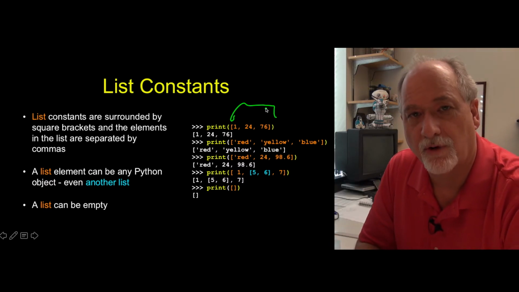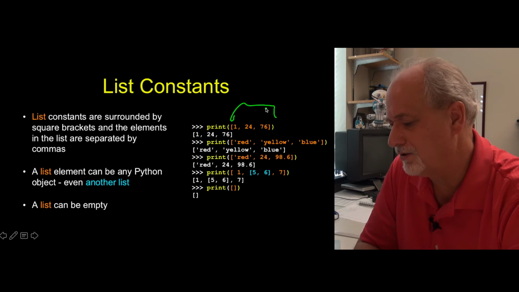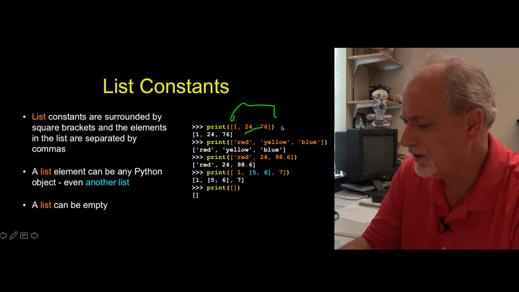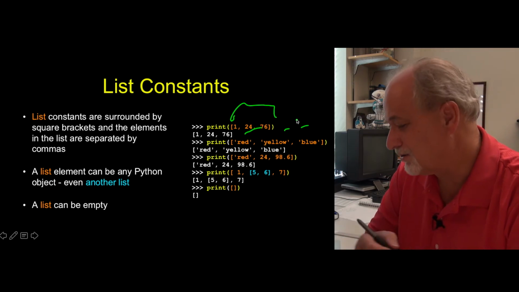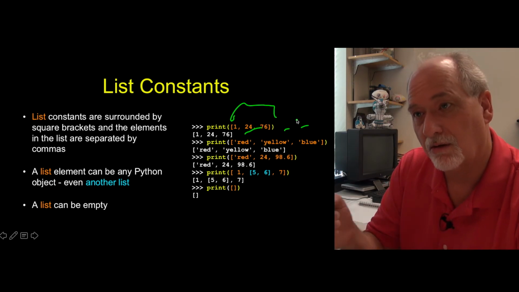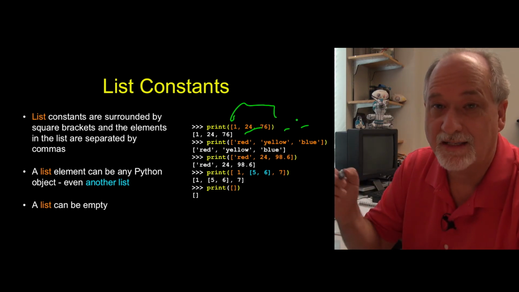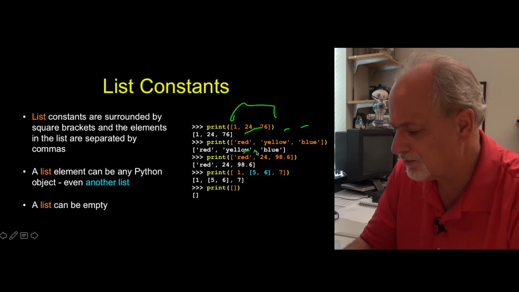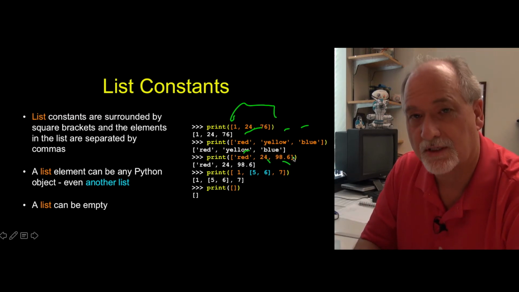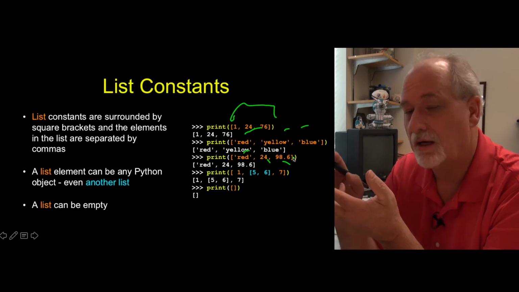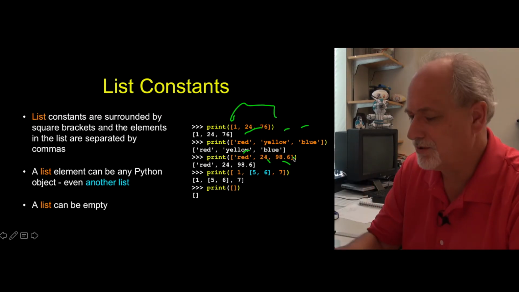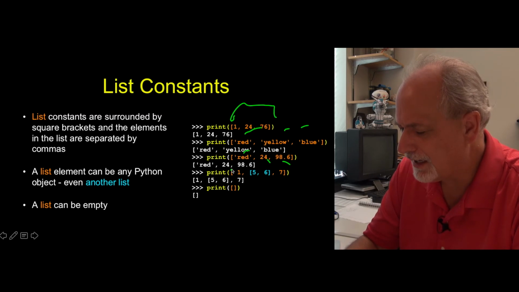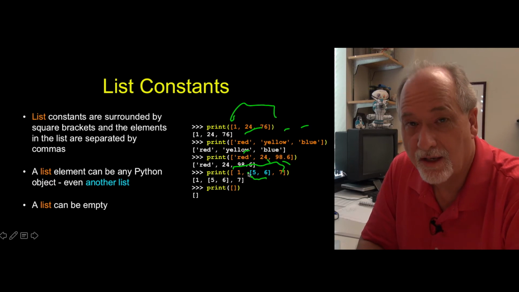But 1, 24, 76 is a 3-item integer list. Red, yellow, and blue is a 3-item string list. But it doesn't all have to be integers or strings. Python can handle different kinds of data in different positions in the list. So red, 24, 98.6 is a 3-item list with a string, an integer, and a floating point number. And while we're not going to use this too much for now, this outer list is a 3-item list, and the second item is another list.